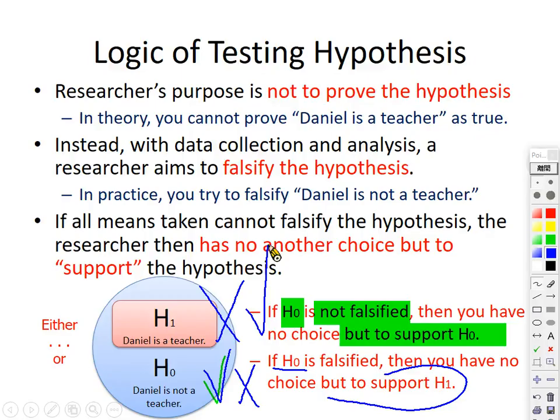Since logically we cannot use data analysis to prove something is right, we never try to do that. Instead, we try to falsify, to find the fault. It is much easier to find fault, right? So if in one try we cannot find anything wrong with this hypothesis, okay, fine, I accept you for this time.